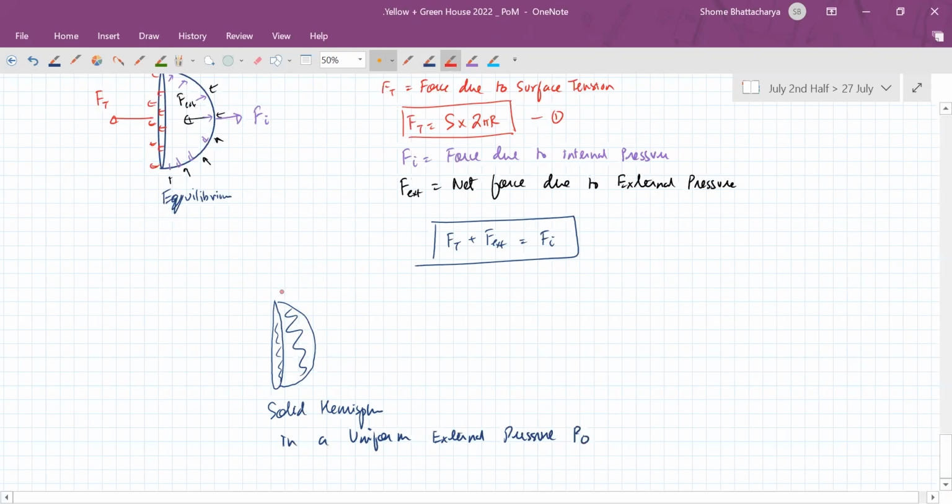So what will happen is that the force vectors from this side will be acting like this on it, and they will be creating this force that is the same as the F external for this diagram, and the force vectors on this surface from this side will be acting like this, and they will be creating a force, let's say like this. Okay, and the net force due to external pressure should be zero because the pressure is uniform.